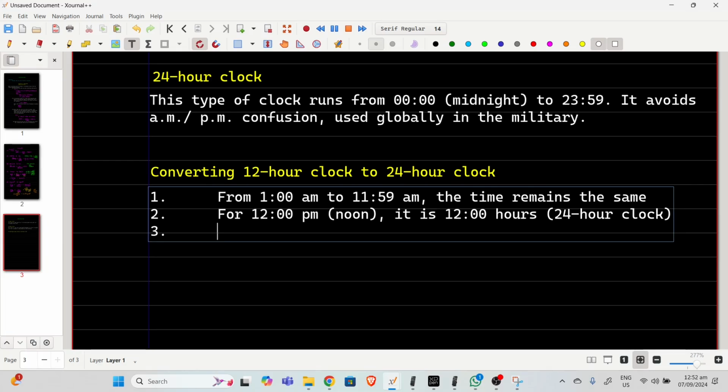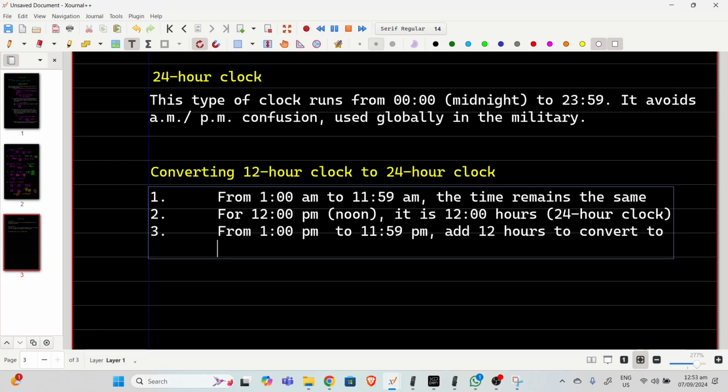And then next one, from 1 p.m. to 11:59 p.m. we add 12 hours to convert to 24-hour format.